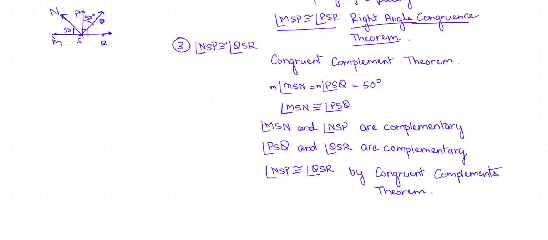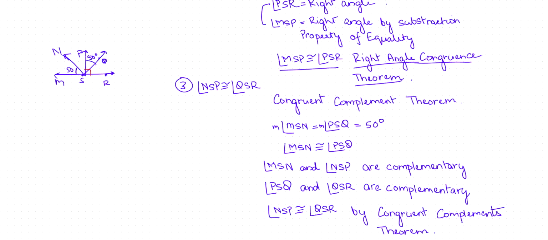So in this case, we see here that MSN and PSQ are given as 50-degree. So their measures are equal, which means they are congruent. So angle MSN is congruent to angle PSQ.